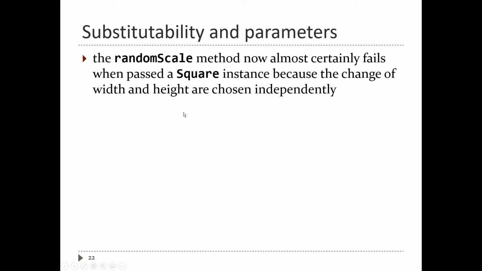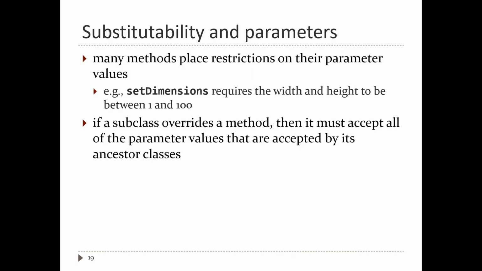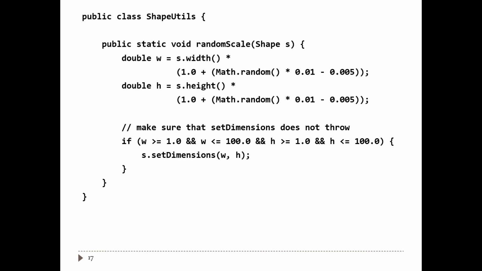All right, now what's the problem with the square class? The problem with the square class is that it causes the randomScale method to fail because the randomScale method chooses a new random width and height for the shape S. Right?